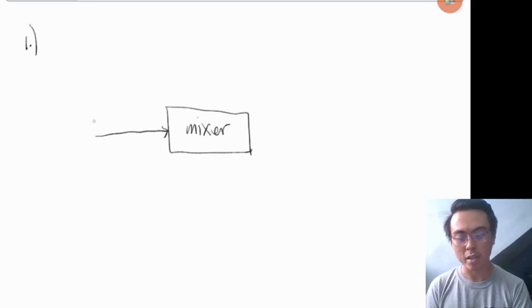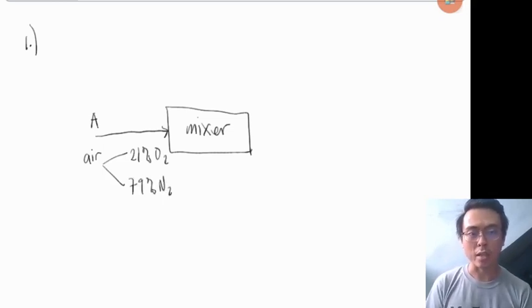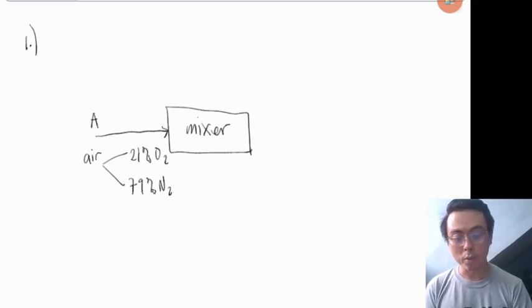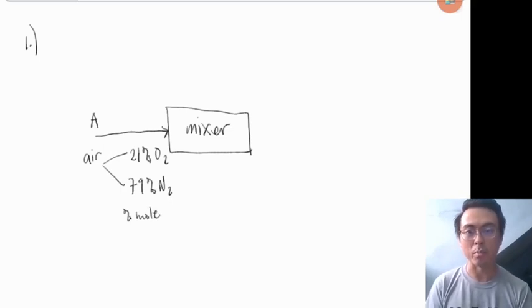I will be labeling this as A. This is air. And of course, air contains two components. That is 21% oxygen and 79% nitrogen. Now remember, we are dealing with gases here, so it's assumed that this percentage are in percent by mole. So everything here is in percent by mole.